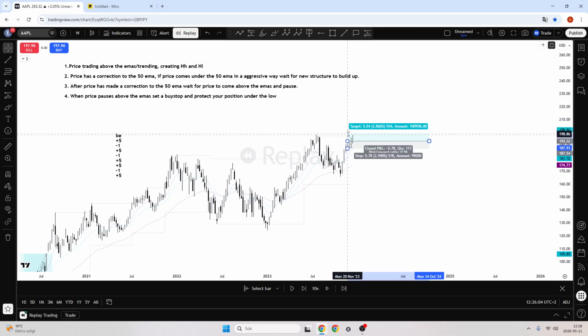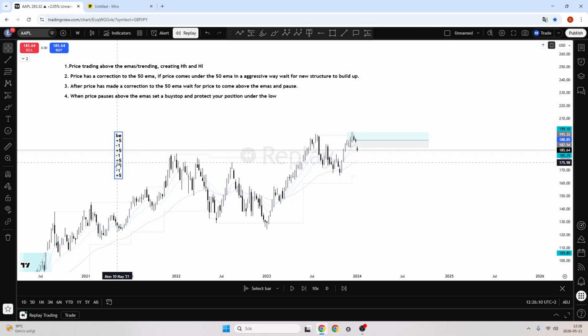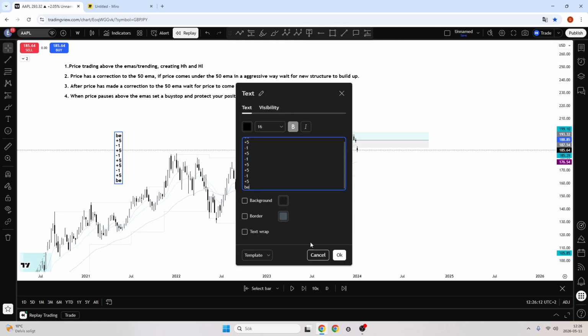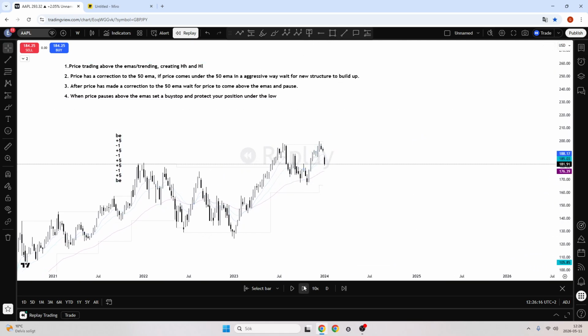Wait for your 1 to 1. Reaches 1 to 1. Taps us out for a break even. This area looks pretty good, but yeah.